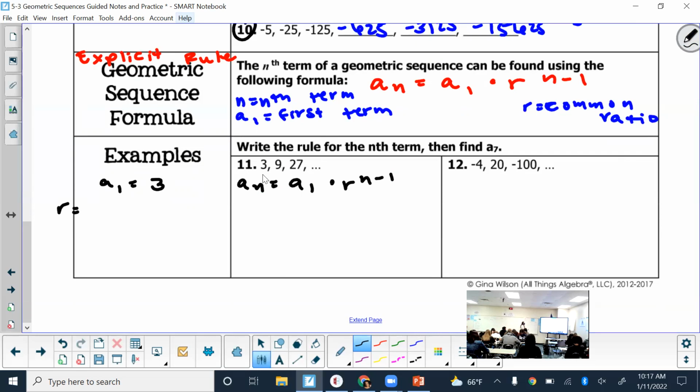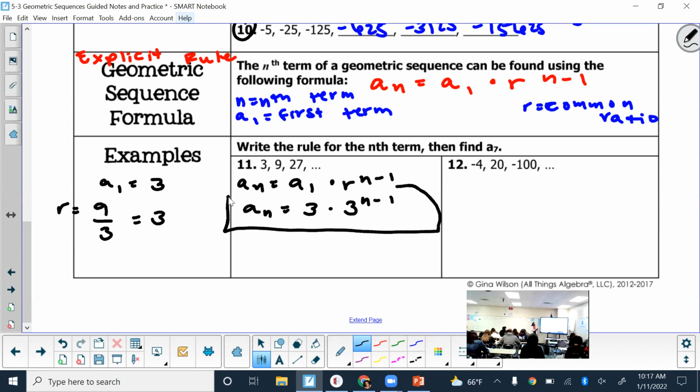So just take any one of your terms, except maybe the first one, so like 9, divided by its previous term, 3. And so what's my common ratio? 3. All right, just plug that in. So replace A sub 1 with 3 because that's what we found. Replace R with 3 because that's what we found. And now we have a rule that we can use to find any term we want.